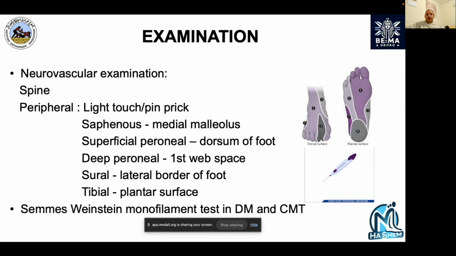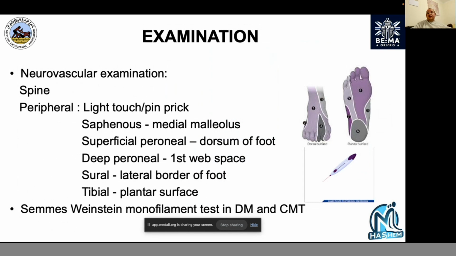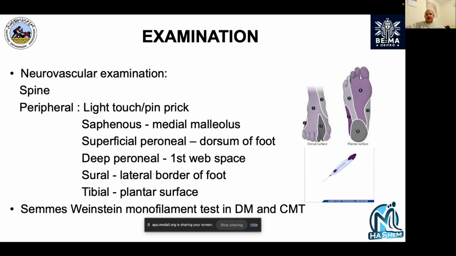You examine the periphery for light touch and pinprick, and you test for any sensory deficit. Use a 10-gram filament, what we call Semmes-Weinstein filaments. It's available in every foot and ankle clinic, and the idea is that it's 10 grams in weight. When you push a certain point, if the patient doesn't feel it until you bend the filament, this means the patient has a neuropathy.